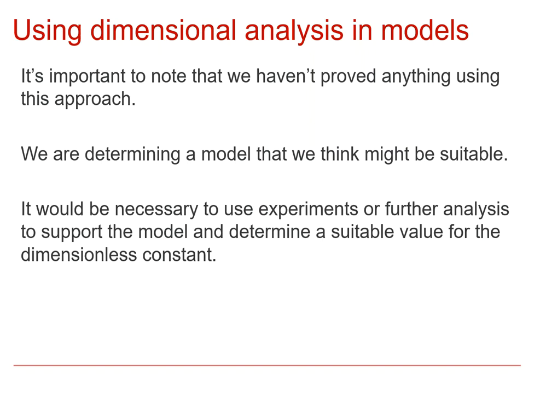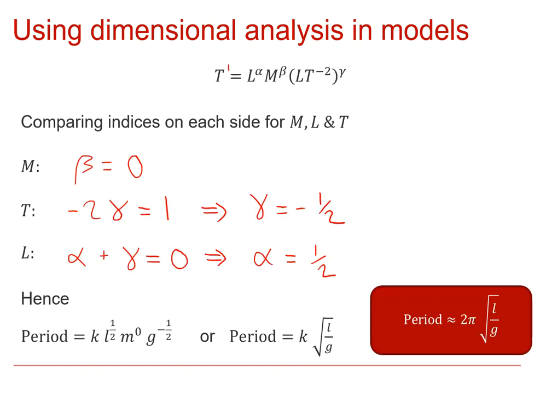Or of course that thing that we've assumed is a constant, that dimensionless k, might actually be a dimensionless thing that depends on something like, for example, the angle of release. And in fact that is true for large amplitude oscillations. Then this value of the constant would change.